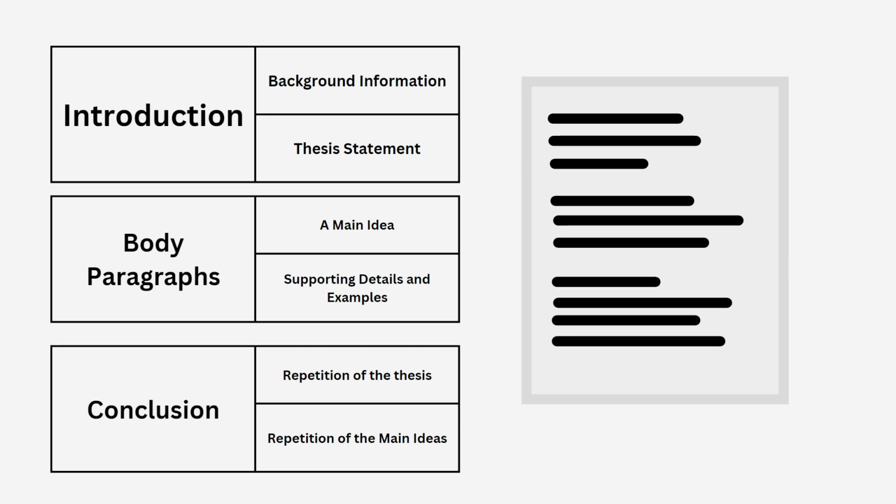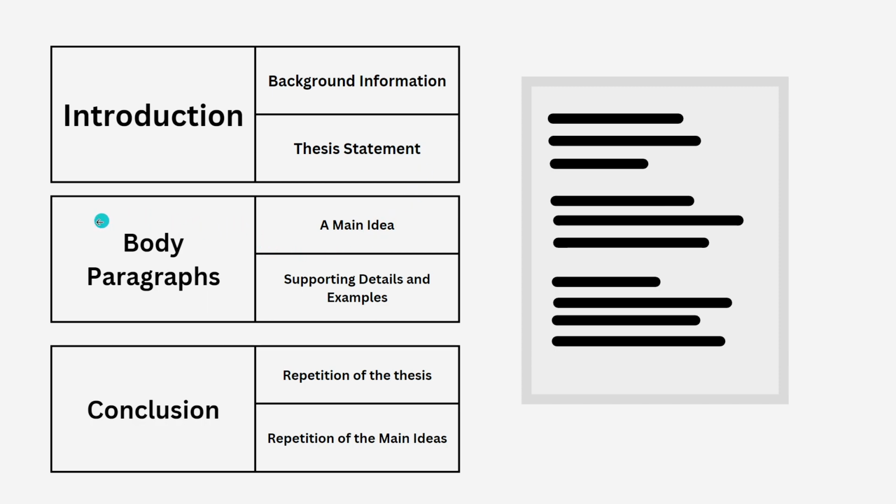And yes, I'm going to show you an example in just a moment. After you've included that background information, you should include a clear thesis statement, which states your direct response to the question you've been asked. So it could be something like, I believe that it's best to work in groups, or I believe it's best to work alone, something like that.